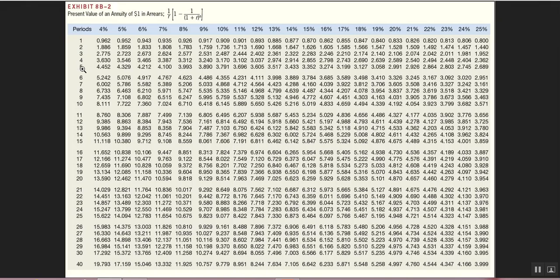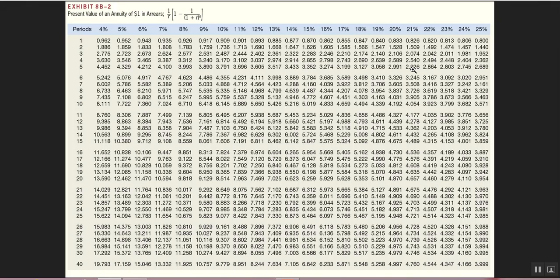So we're going to look for something that's close to 2.888889 in this line number 5. So we're going to read across. So we've got at 22%, 2.864, which is less than our number, and at 21%, 2.926, which is more than our number.